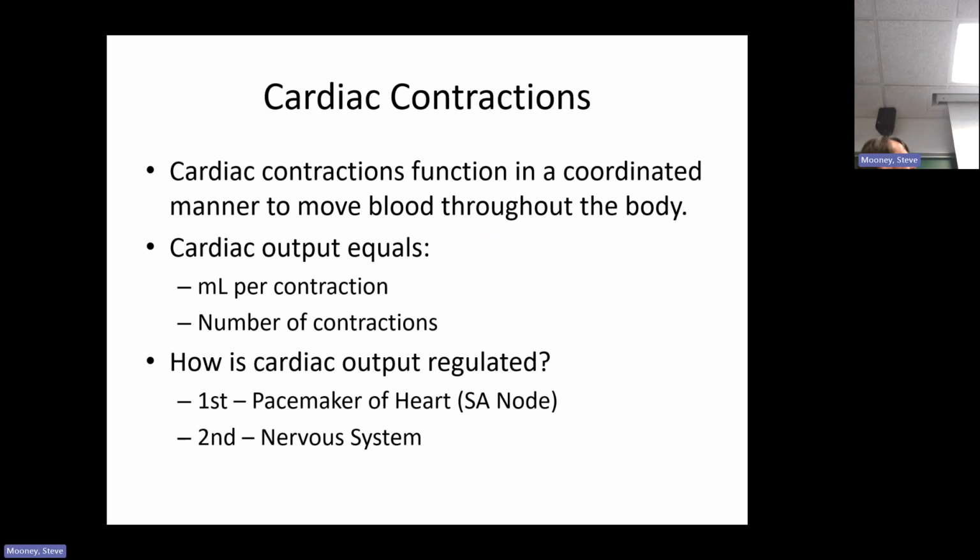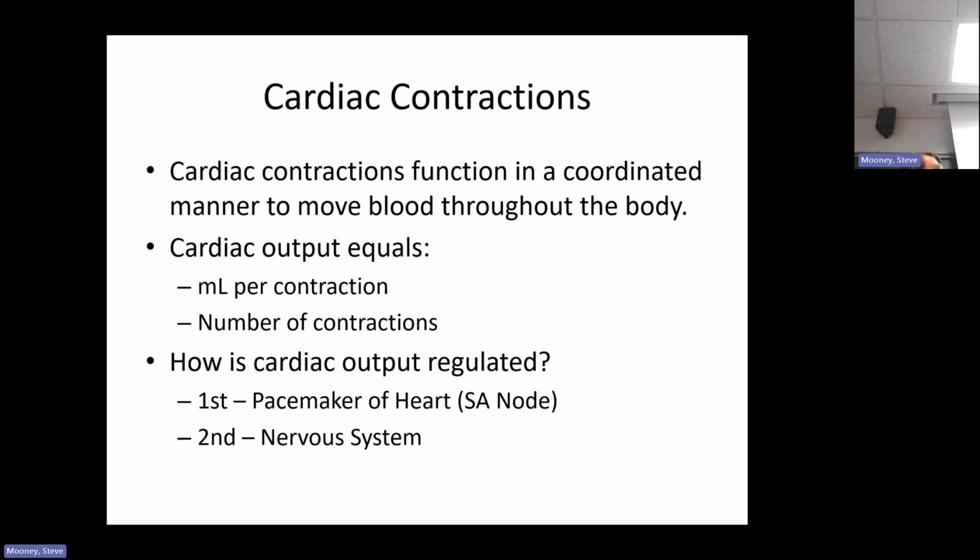We're going to rely heavily on our pacemaker cells in the heart. The pacemaker sets the rhythm, the number of beats per minute. It's called the sinoatrial node, or we'll just call it the SA node. It sits on the right atrium, and it's going to set the pace.